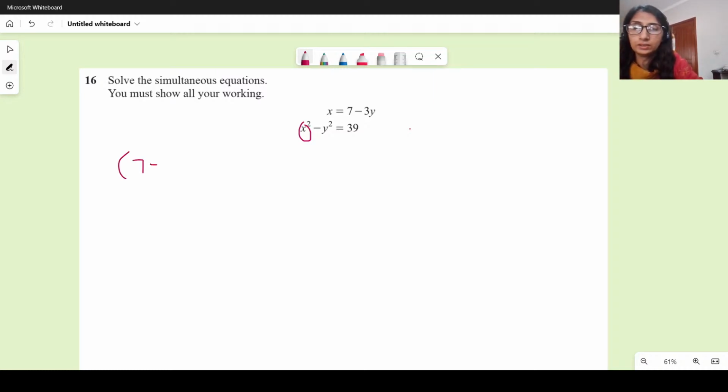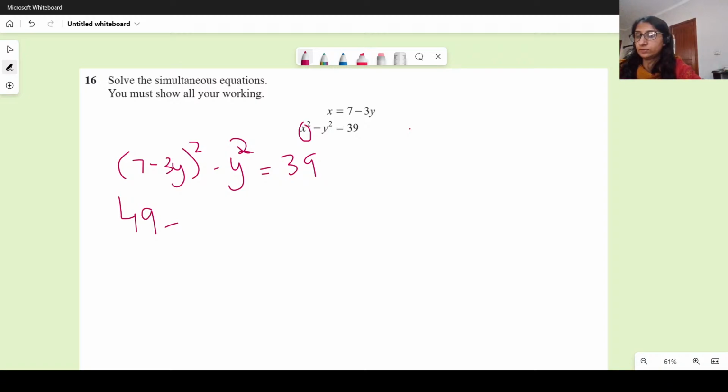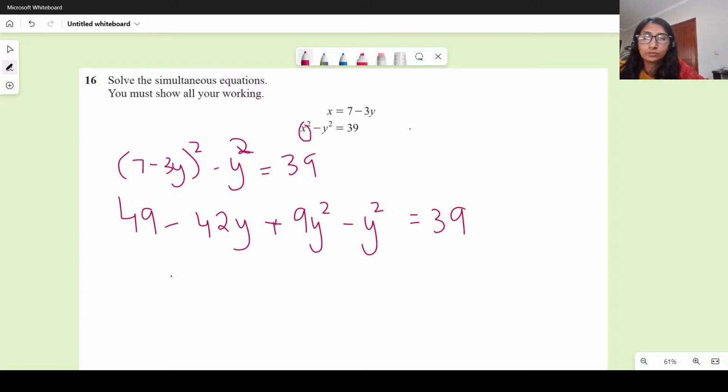So (7 minus 3y) whole squared minus 42y plus (3y) whole squared, 9y squared minus y squared equals 39, which gives me 8y squared minus 42y plus 10 equals 0.